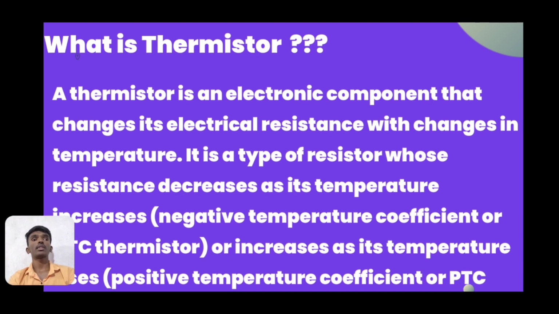What is a thermistor? A thermistor is an electronic component that changes its electrical resistance with changes in temperature. It is a type of resistor whose resistance decreases as its temperature increases, called a negative temperature coefficient, or whose resistance increases as the temperature increases, called a positive temperature coefficient, or PTC.